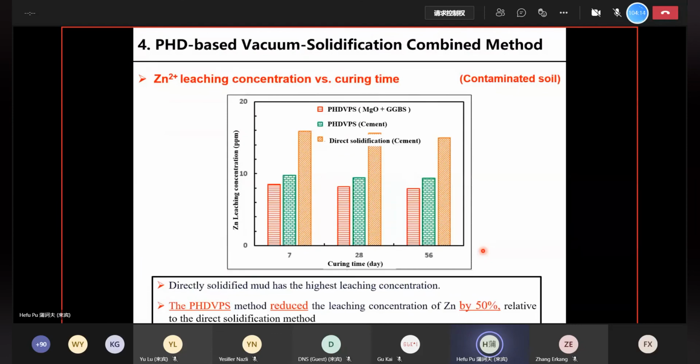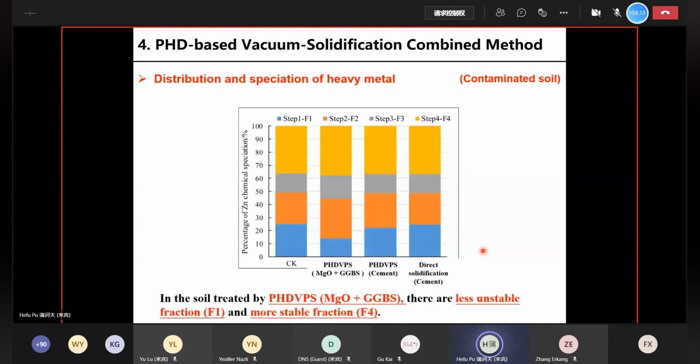So it is a significant increase in the stabilization effect. The reason is that it caused a change in the speciation of heavy metal. When we treat the mud slurry with the PhD VPS method, especially when we use MgO and GGBS as a binder, there is less unstable fraction of heavy metal and more stable fraction of the heavy metal.